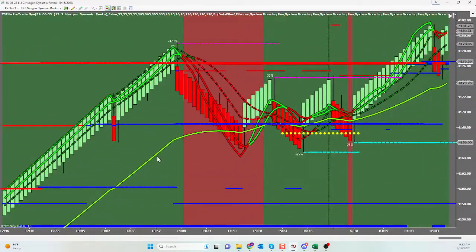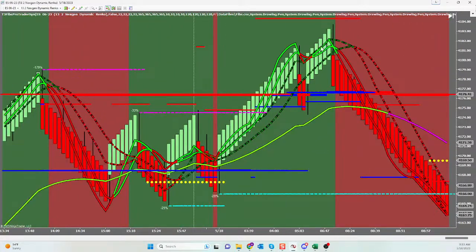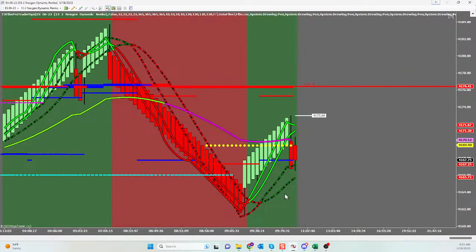All the way up to Fibonacci resistance. The trigger lines exceeded, and it pulls back. This is a bad top. And a bad top gives us a 50-50 that tends to not work. The market shuffles and goes all the way up to resistance, and that's where it turns.